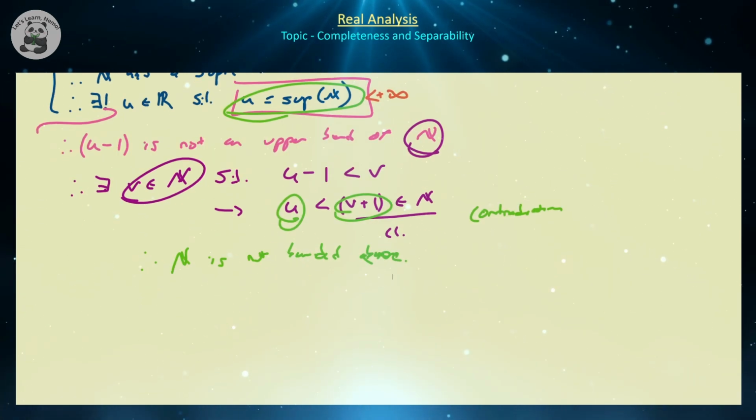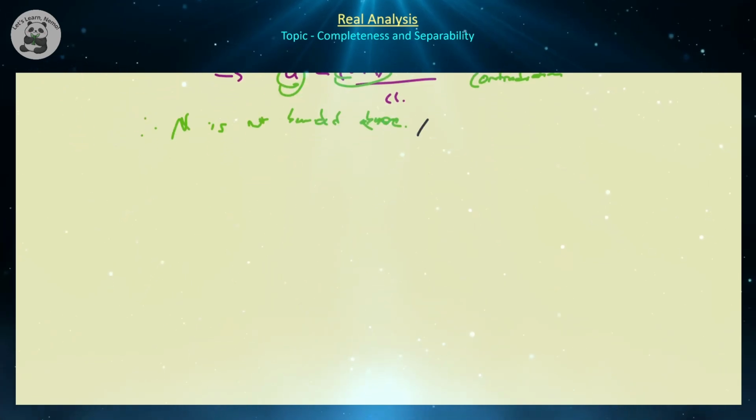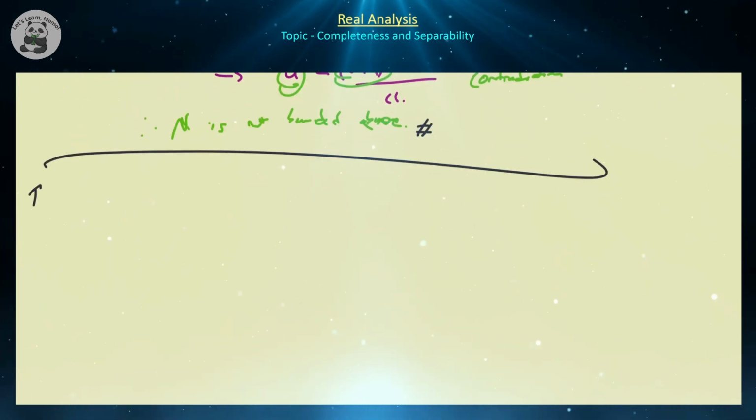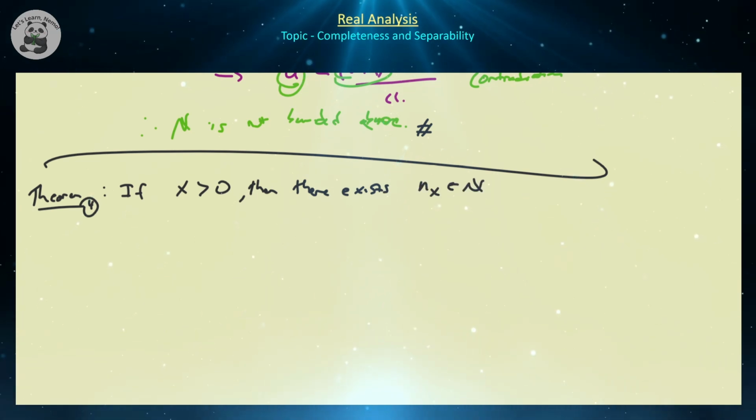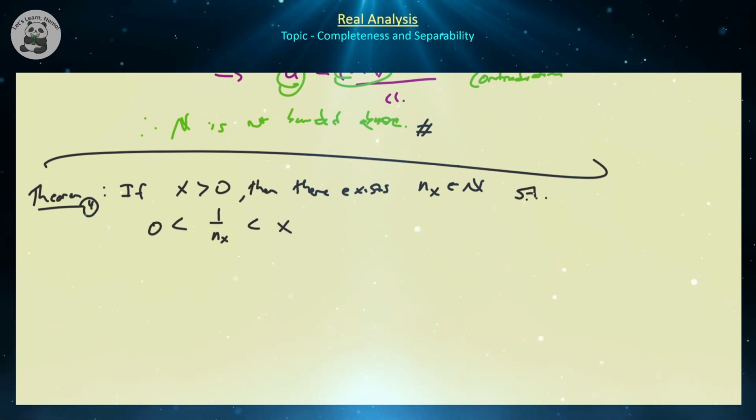Now, there is another way of rephrasing this theorem, and I'll just treat this as a different theorem because it does have a couple different implications. If x is a positive real number, then there exists an n, which again depends on the x that you have chosen, such that 0 is less than 1 over n, which is less than x.